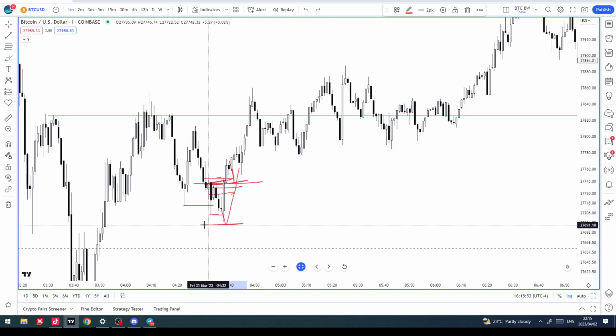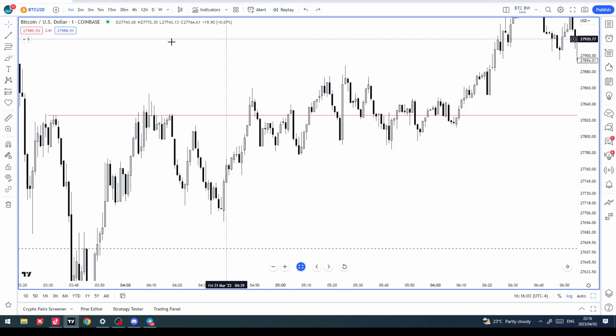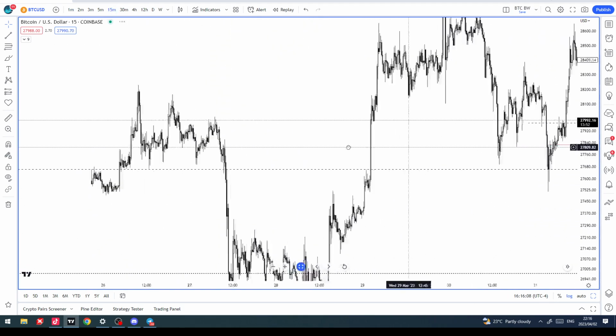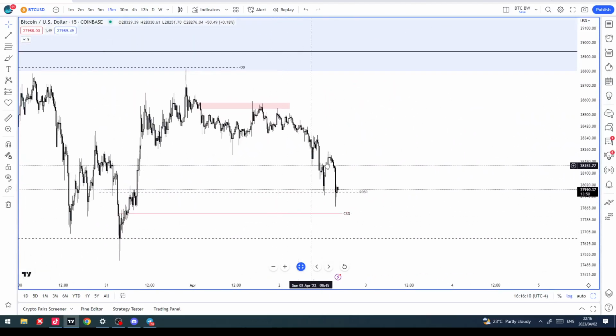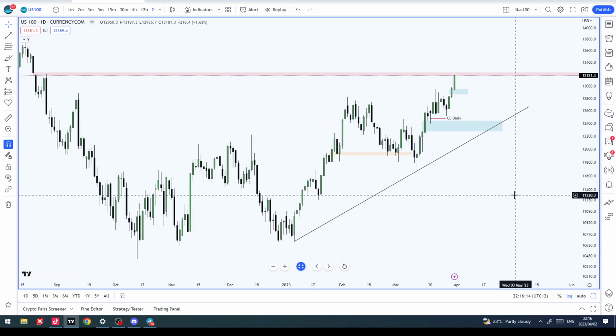Now your risk is only until here. From here to here is what? $50, $60? It's less. Dope. I think we spent a lot of time on BTC, and let's have a look at NAS really quickly.